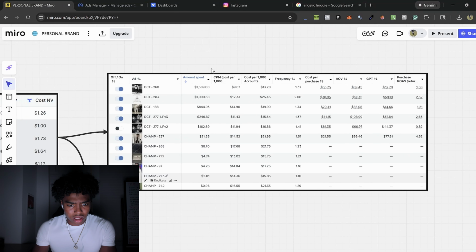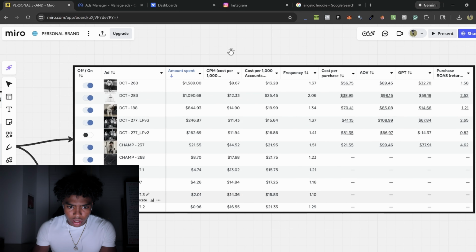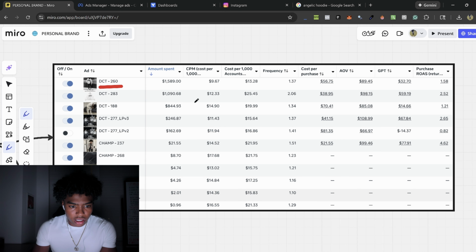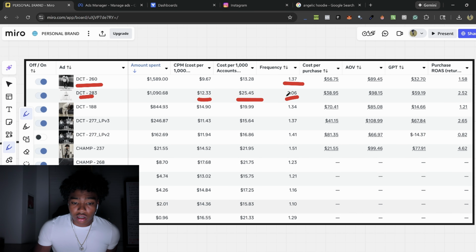Another thing, diving into the actual in-platform metrics. As you can see, here's that top of funnel ad that we mentioned earlier. The frequency is a lot lower. On DCT 283, the CPM, cost per thousand impressions, is higher, and frequency is also higher.